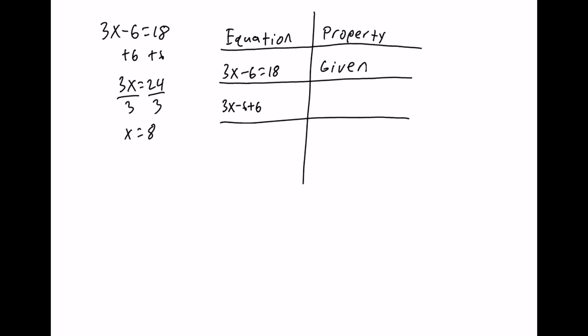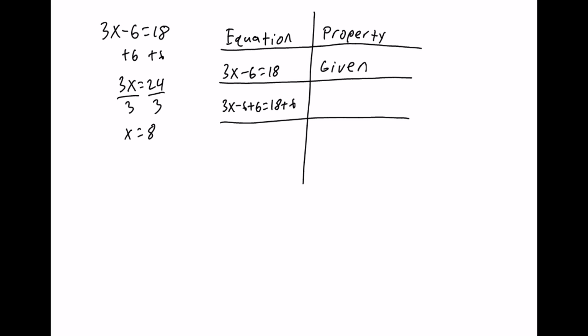All we did was take this equation and add 6 to the left side of the equals and add 6 to the right side of the equals. Okay?